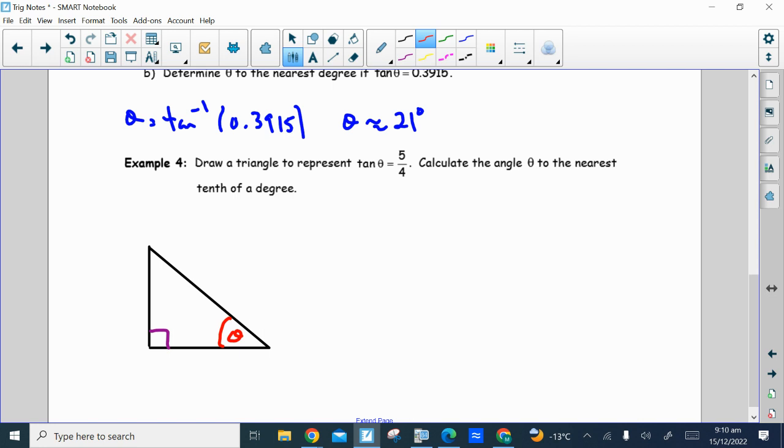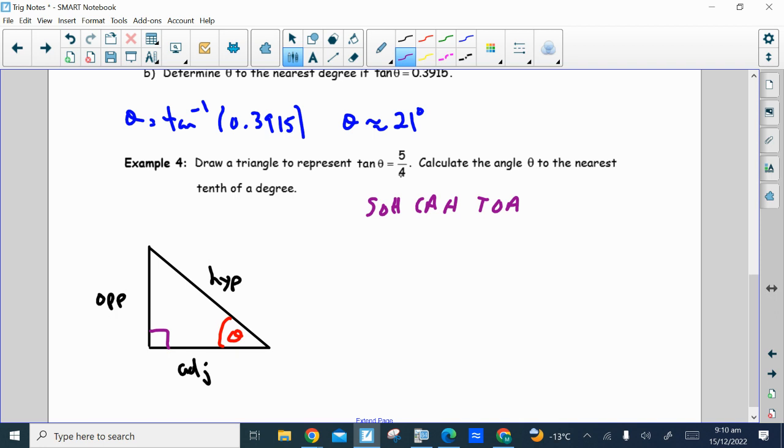Now, if we label the sides of the triangle, the side across from the right angle is the hypotenuse. I've designated that that bottom angle on the right is theta, so the side across from that is the opposite. The third side is the adjacent side. And we are told the tan of theta is 5 over 4. Well, SOHCAHTOA tells us that the tangent ratio is opposite over adjacent. That means opposite on top, adjacent on the bottom.